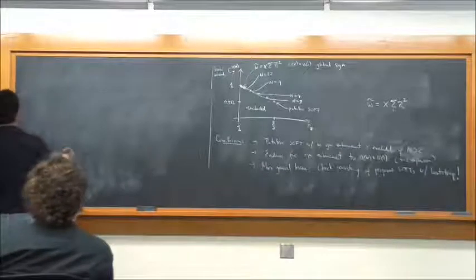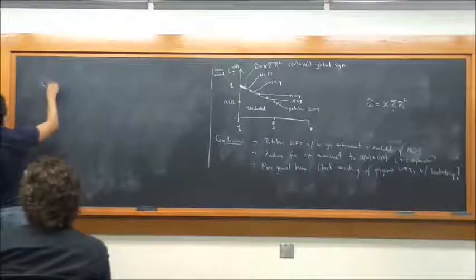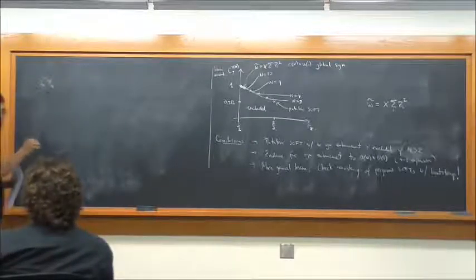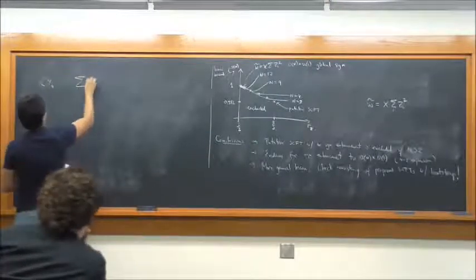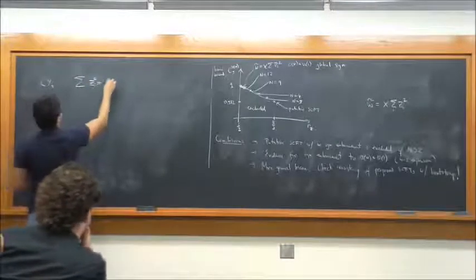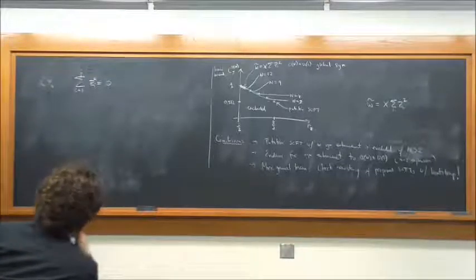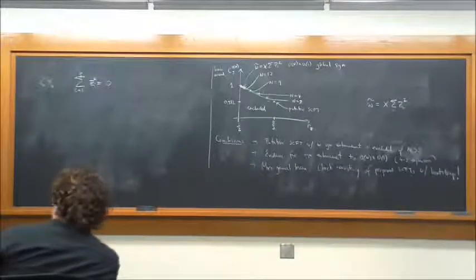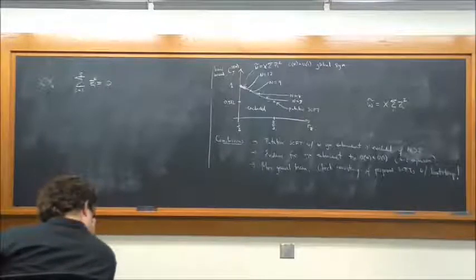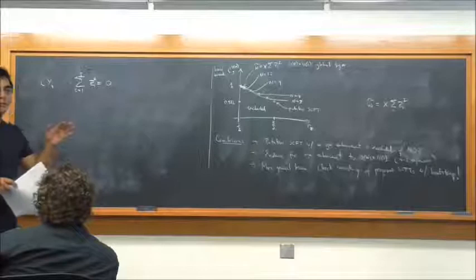You can consider the Calabi-Yau cone, which is sum of zi squared equal to 0, i equal 1 to 5, and consider putting M2 branes at the tip of this Calabi-Yau cone.